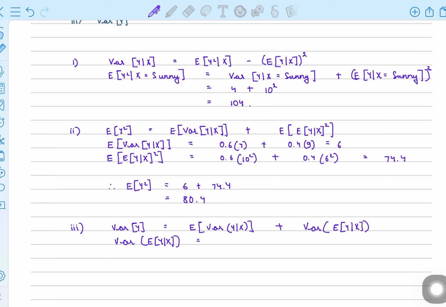To calculate the variance of the conditional expectation, we use the variance formula. Therefore, the total variance is 6 plus 3.84, which is equal to 9.84.